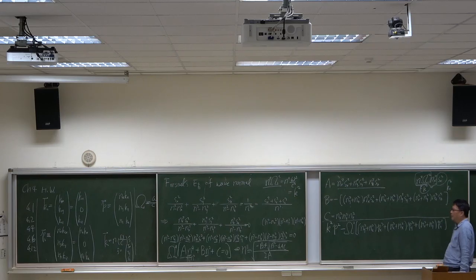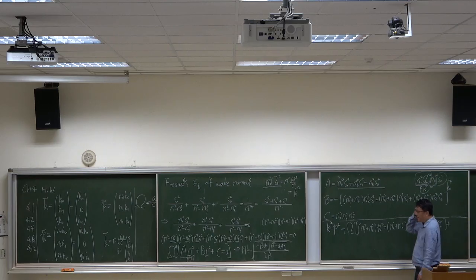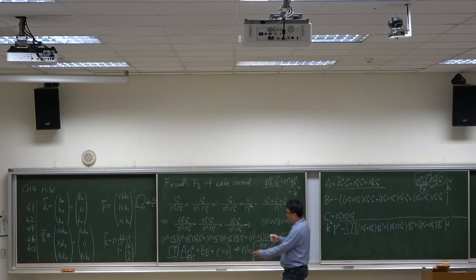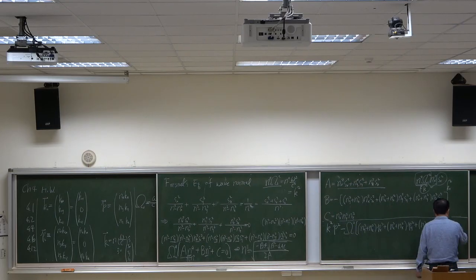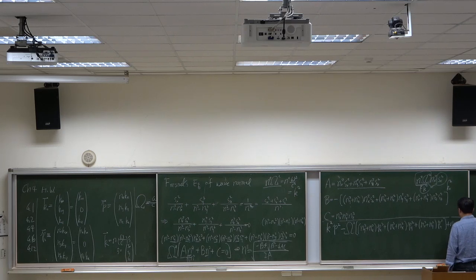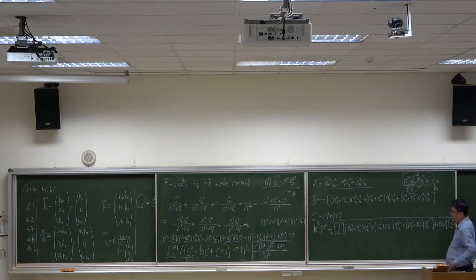And finally, we have nx squared, ny squared, nz squared times omega to the sixth equal to 0. Okay, so we have this expression.